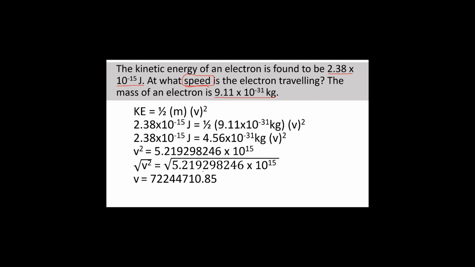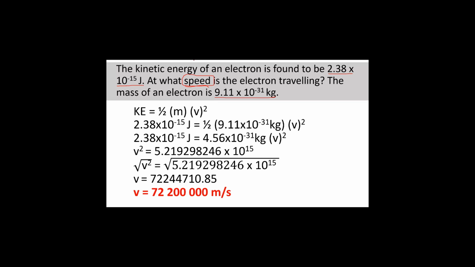72,244,710.85. That is the square root of 5.2192 times 10 to the power of 15. And since the least number of significant figures we have is only 3, we round this to 3 significant figures, and that is equal to 72,200,000 meters per second.